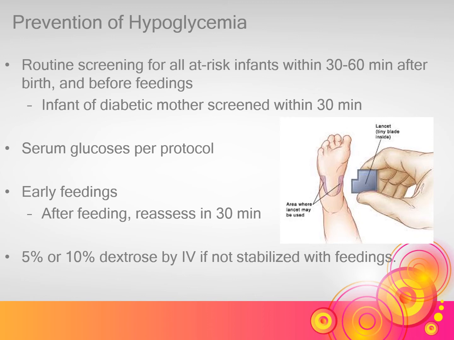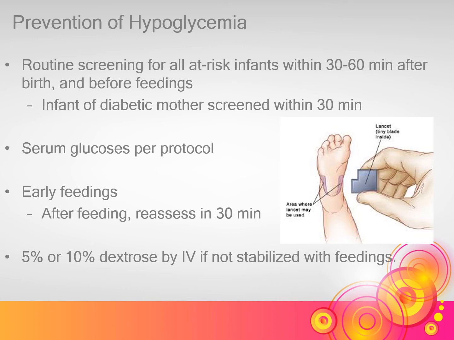So to prevent hypoglycemia in our baby, we routinely screen all at-risk infants within 30 to 60 minutes after birth and before feedings. Right? Infants of diabetic mothers should be screened within 30 minutes of birth.